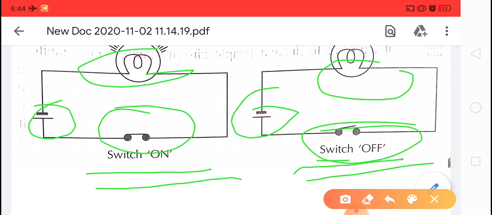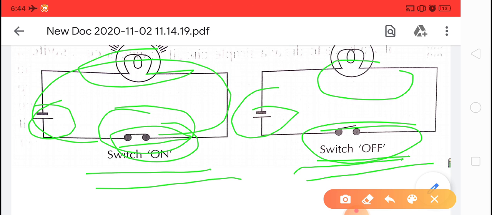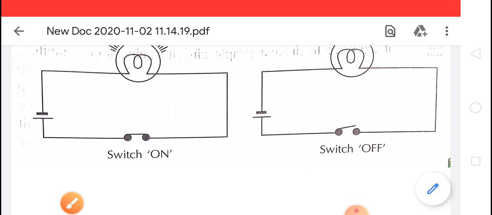But here the switch is in the off position, that's why it is an incomplete circuit and open circuit, while here the switch is in the on position, that's why it is a complete circuit and closed circuit. Here the electric current will run, while here the electric current will not run.